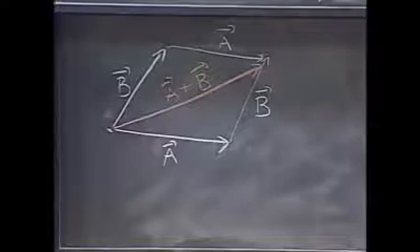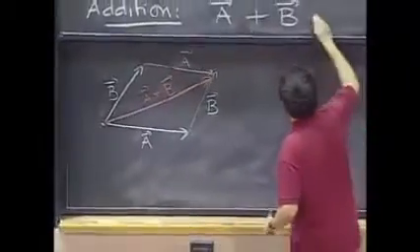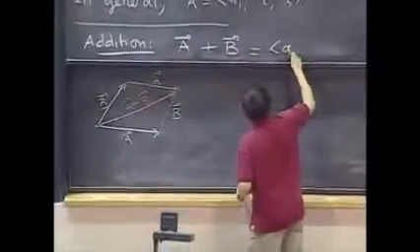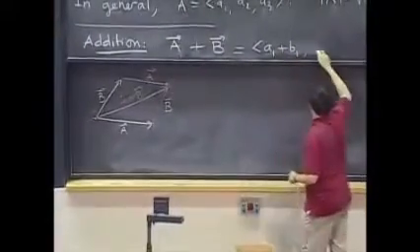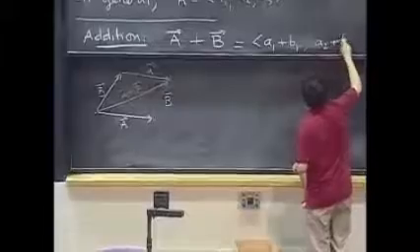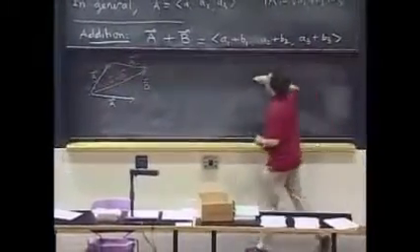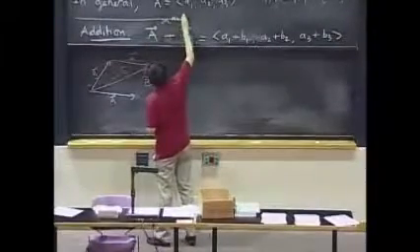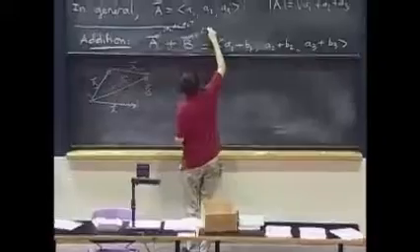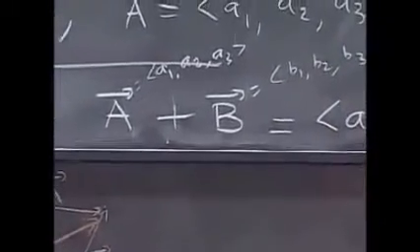Okay, now if we do it numerically, all you do is add the first component of A with the first component of B, the second with the second, and the third with the third. Say that A was A1, A2, A3, and B was B1, B2, B3, then you just add this way.